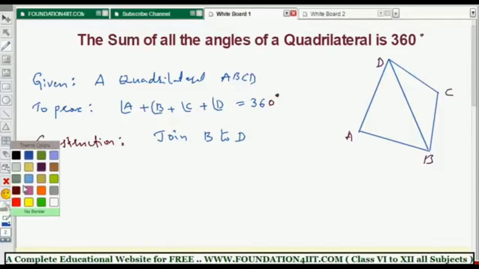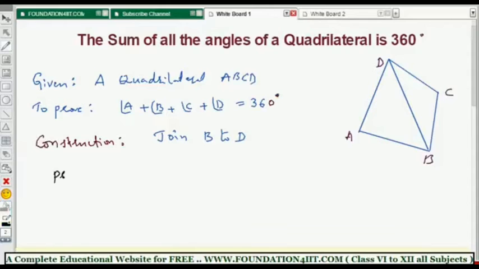Yes, let's see the proof now. You know that the sum of the angles of a triangle is 180 degrees, right? Any triangle, the sum of the angles of a triangle is 180 degrees. That we know.